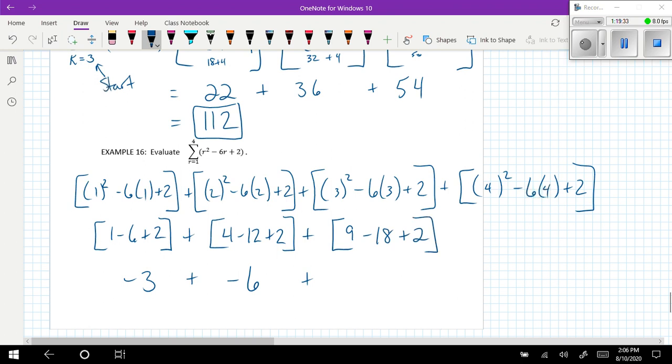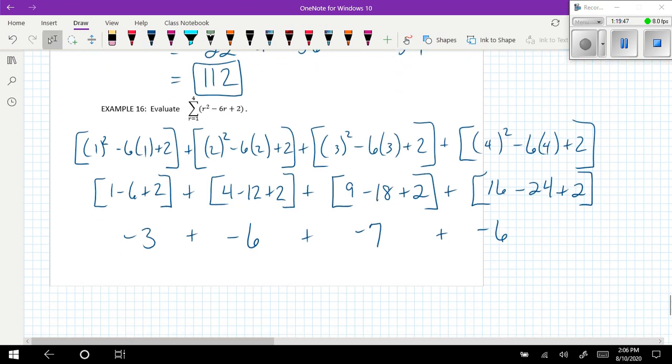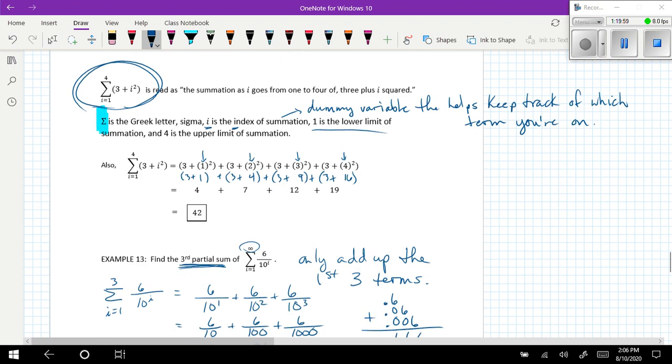This gives me negative 7 plus, and another bracket here. I'm looking at 16 minus 24 plus 2, which is negative 6. I put all these things together, and that gives me negative 22. And we are done.